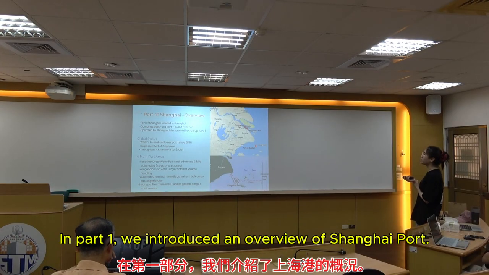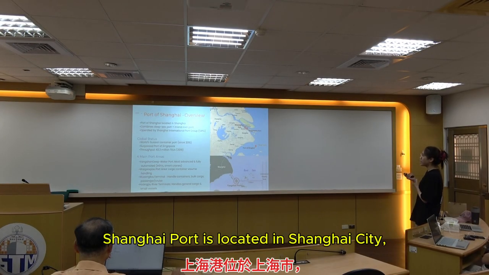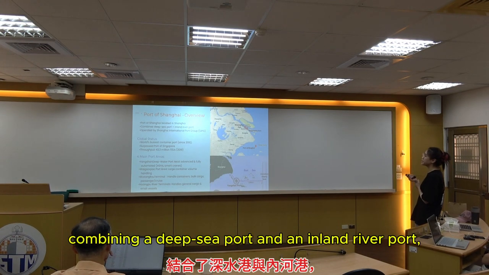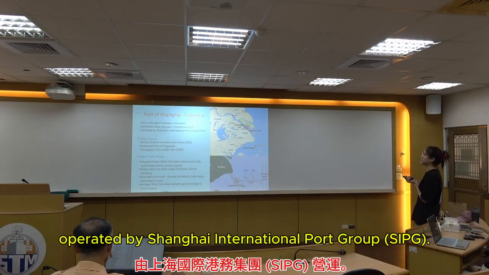And in part one, we introduce an overview of Shanghai Port. Shanghai Port is located in Shanghai City, combining a deep sea port and an inland river port, operated by Shanghai International Port Group.